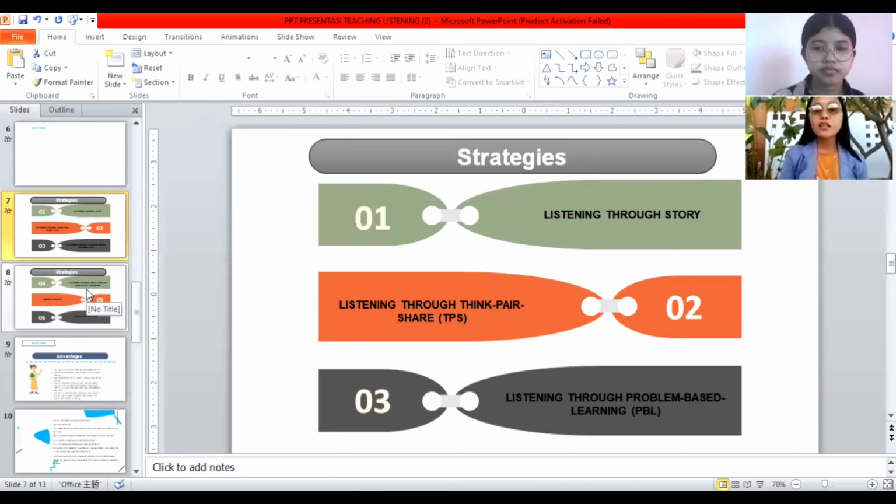Listening with news items by using the closed procedure is a teaching strategy based on a meeting made by the teacher in the hope that learning can be more meaningful. The procedures for implementing this strategy include: first, students are asked to listen to the voice or audio twice. Second, during listening, students fill in the gaps or blanks on the answer sheets that have been given by the teacher.